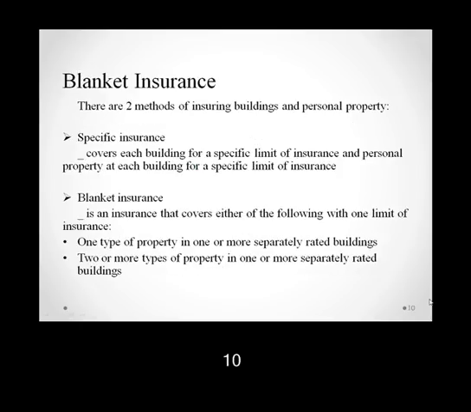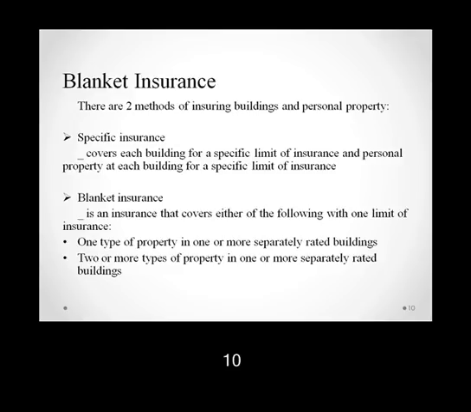The next thing we're going to talk about is blanket insurance. And we said that blanket insurance basically uses one insurance coverage to cover multiple buildings. As the opposite of blanket insurance, there is specific insurance. Specific insurance covers each building for a specific limit of insurance, and personal property at each building for a specific limit of insurance as well.